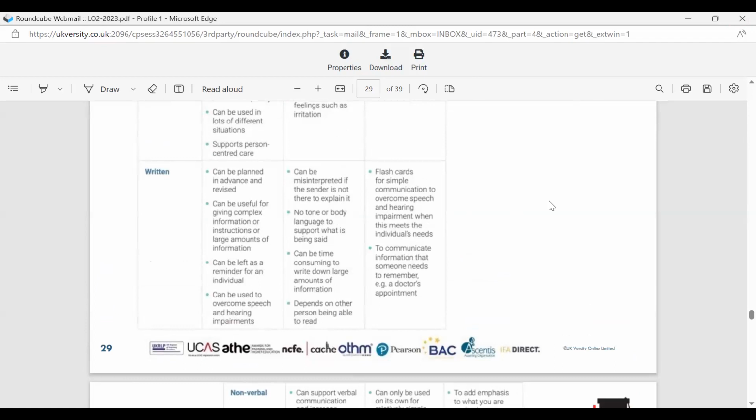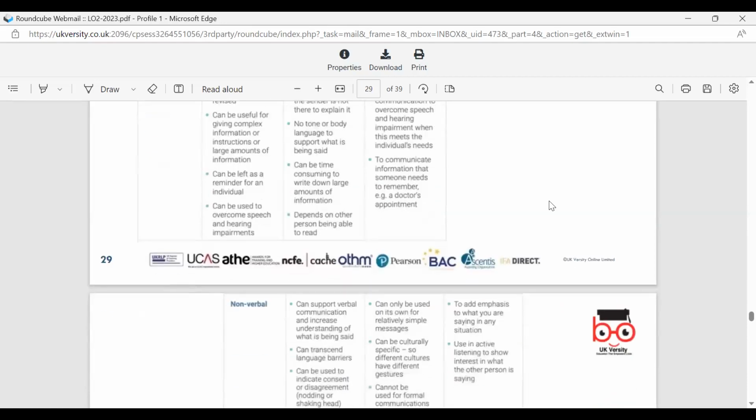There's no tone or body language to support what is being said. It can be time-consuming to write down large amounts of information, and it depends on the person being able to read it. And when it's available, use flashcards for simple communication to overcome speech and hearing impairment when this meets the individual's needs, and to communicate information that someone needs to remember, for example, a doctor's appointment.